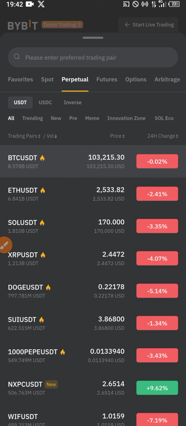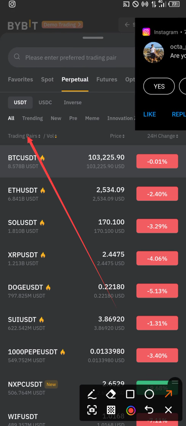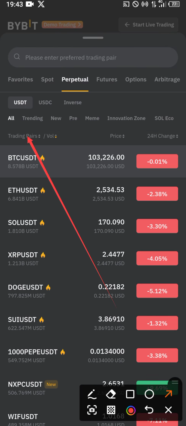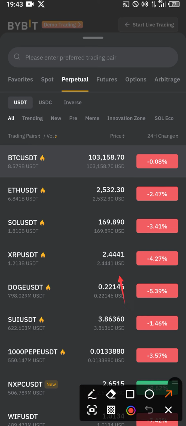What you really need is, if you check at the top here, you see we have USDT, right? And if you check above here, we have perpetual contract, right? So here now, this is the price of one Bitcoin, BTC USDT.